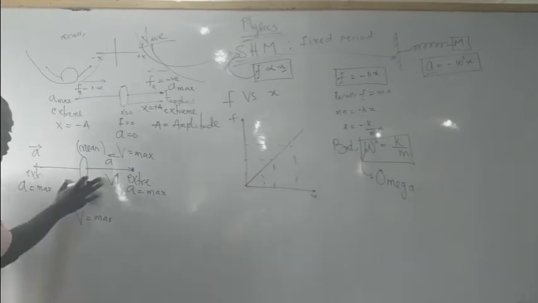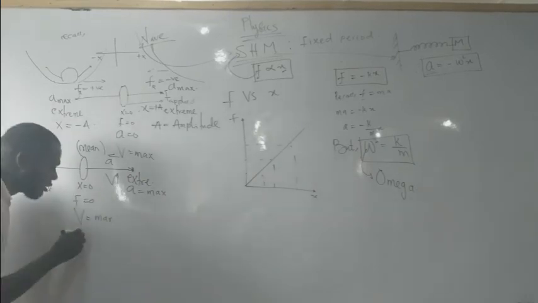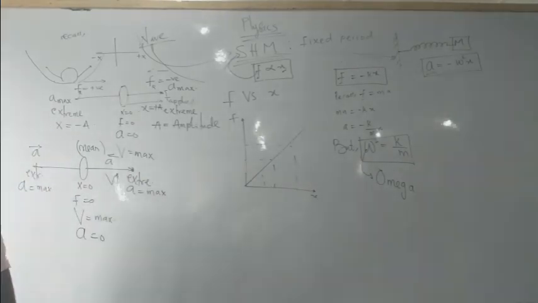Once it gets to the mean position, or the equilibrium position, the velocity will be maximum. Velocity is maximum here, while acceleration is maximum at the extreme position. Once you release it, velocity increases, and once it gets to the center, velocity will be maximum and acceleration will be equal to 0.